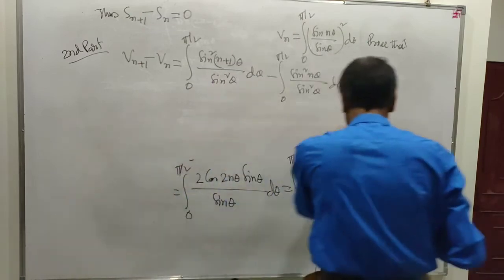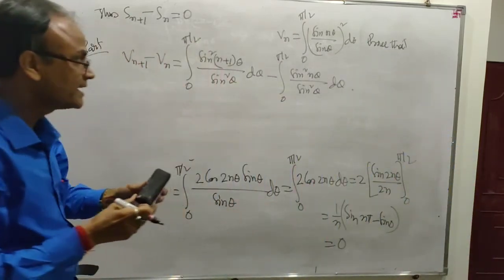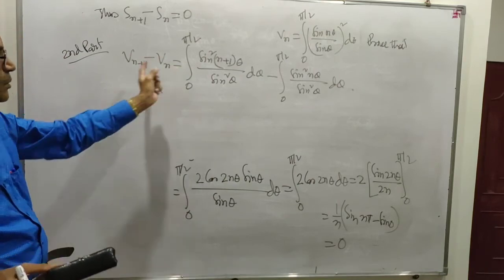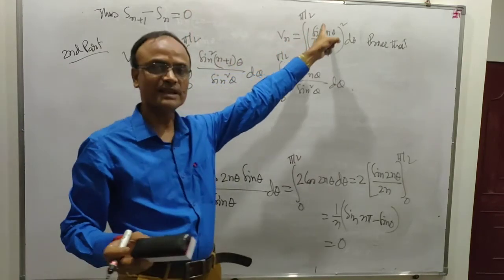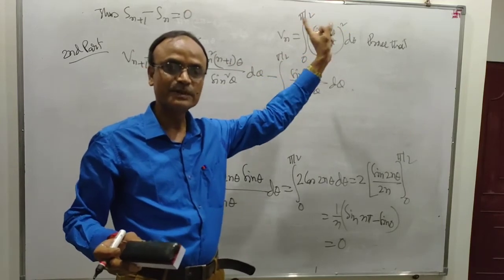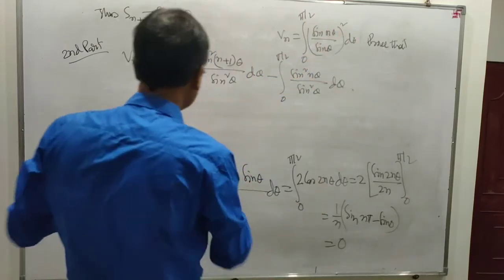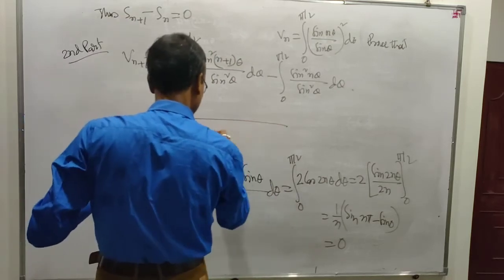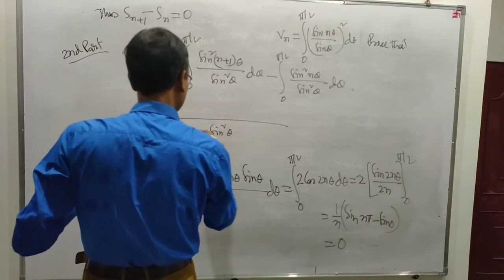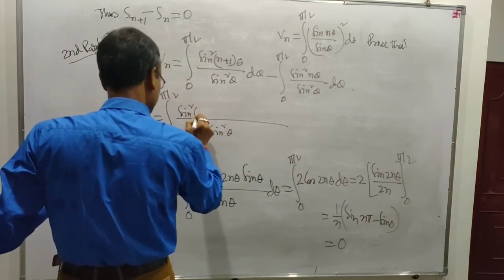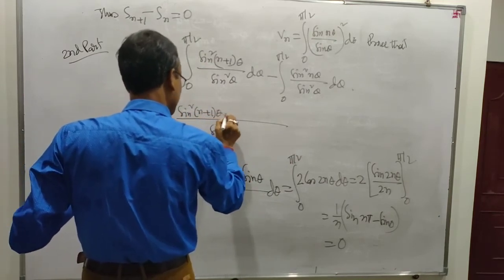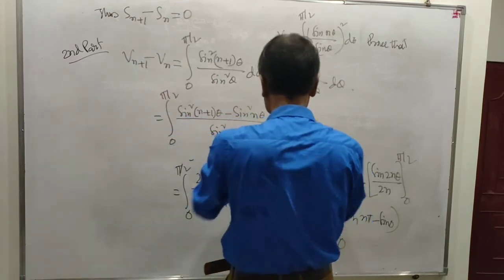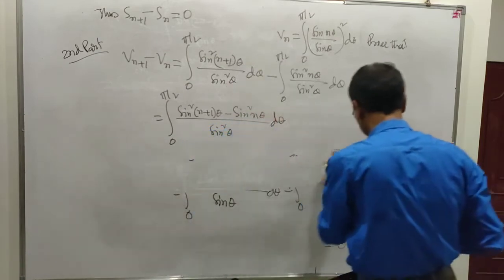Can I write like this? For Pn, simply replace n by n+1. This is equal to the integral from 0 to pi by 2 of sine square (n+1)theta minus sine square n theta, d theta. You get this one.